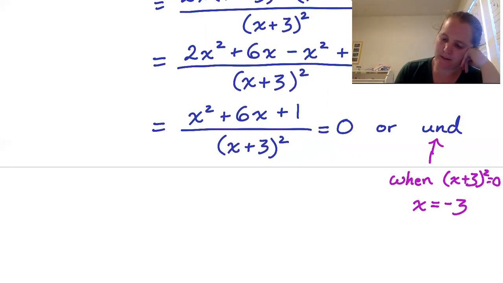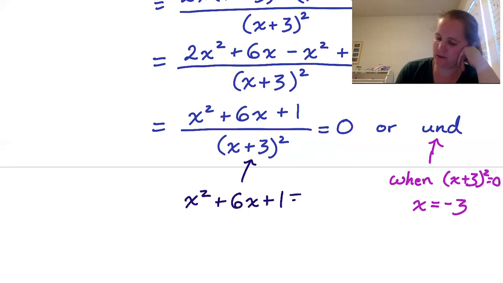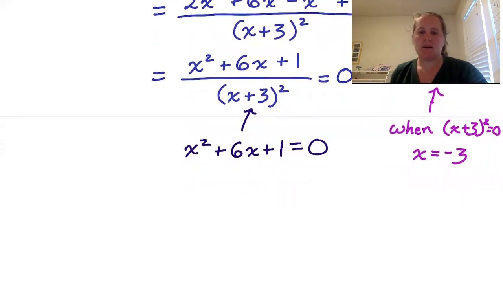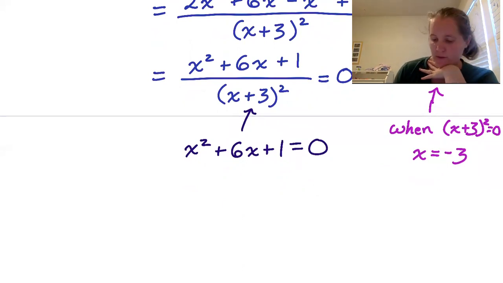And then if we do where it's equal to 0, this one we have x squared plus 6x plus 1 equals 0. We could either complete the square or use the quadratic formula.